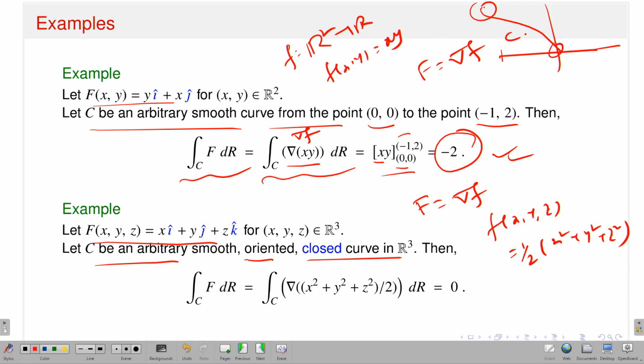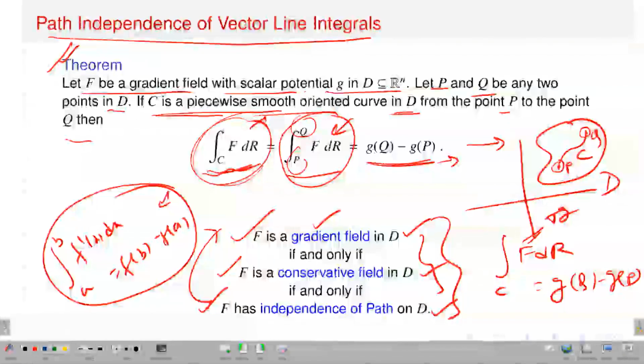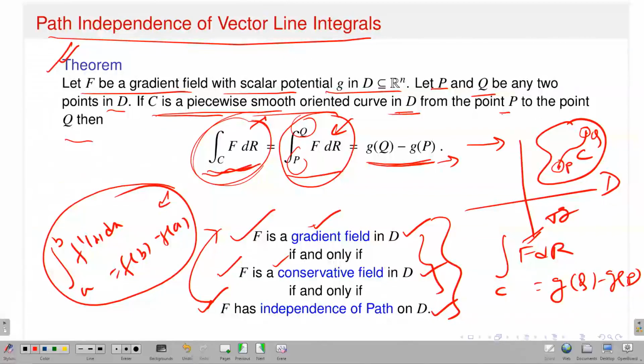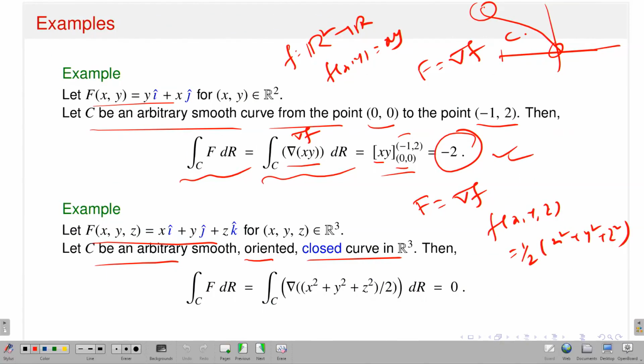Because it is a gradient vector field, which is the same as a conservative vector field, and the earlier theorem says that if I take any piecewise smooth oriented closed curve inside my domain D, then the vector line integral of capital F over C is 0. So if you calculate this vector line integral, you will get 0. In fact, when I talk about the definition of the vector line integral once again, you will see that if you calculate this object, the value is actually 0. These are two very simple examples.